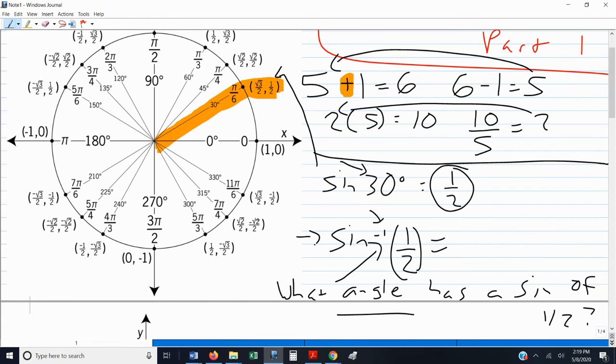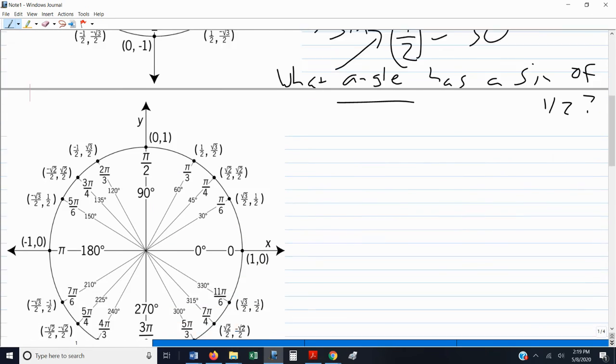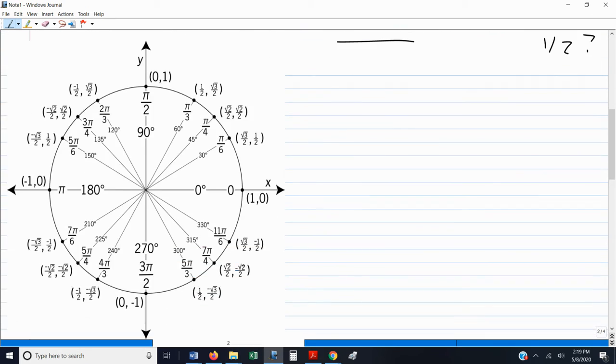Because we know that sine is the y value, the angle that has a sine or a y value of 1/2 is 30 degrees. And so that's how the inverse is bringing you back to the number you started with, which is 30 degrees. So I'm going to show you about 8 of these, and this is going to prepare you for the first page of that worksheet.